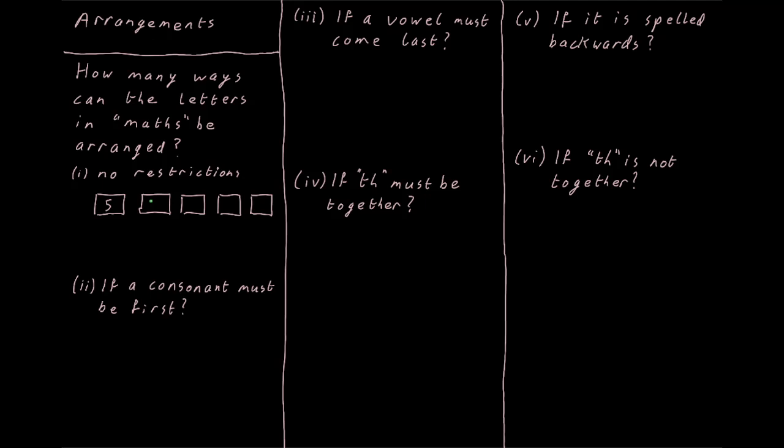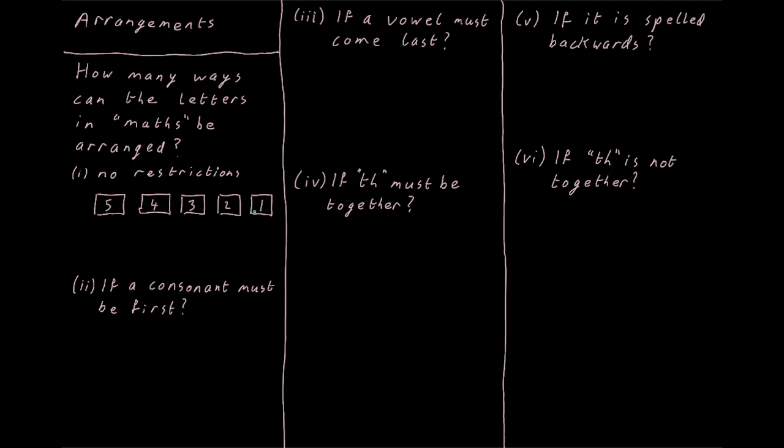Then I'd have 4 letters left in my hand for my second piece of paper that I put down, and 3 left, and 2 left, and the last one isn't really a choice. Whatever letter I have left over at the end is the final one I put down. So I only have one option for the last letter. So here I have 5 options, and from each one of those options, whichever letter I pick first, I'd then have 4 other letters that I could pick from, and so on.